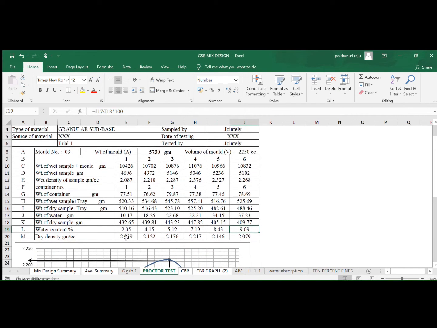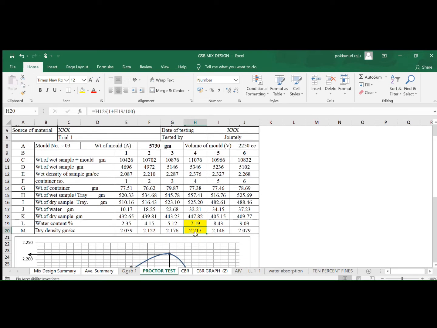Corresponding to the dry density, the dry density is maximum, that is 2.217 at a moisture content of 7.19, and thereafter it goes on decreasing from 2.146 to 2.079. So your maximum dry density will be somewhere in this range, where the moisture content is around 7.19 and the dry density is around 2.217.